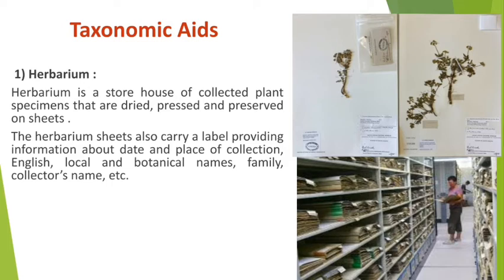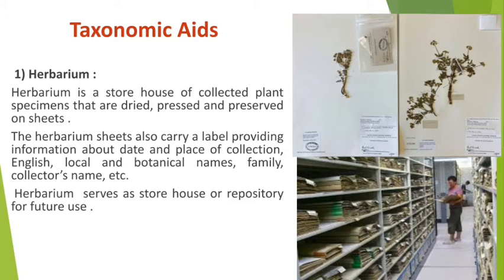Clear? So ultimately, the herbarium gives us information regarding plants. A herbarium serves as a storehouse of plant specimens, a repository for future use, and the information can be used in future.